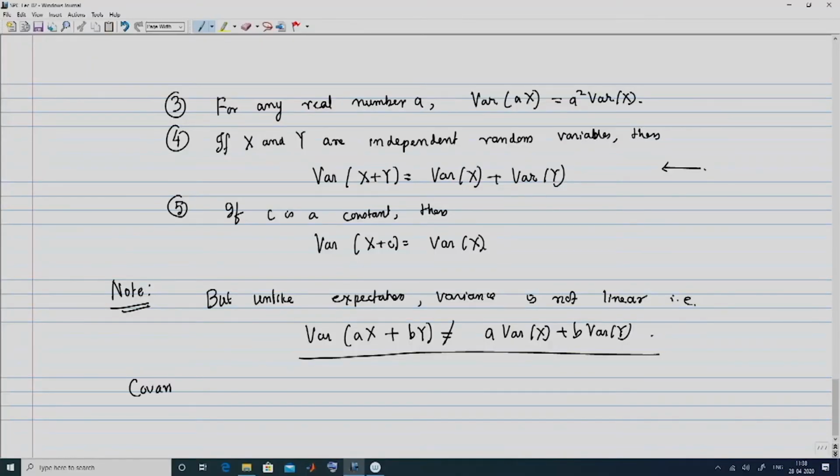We will talk about covariance and one closely related concept to covariance, namely correlation. First, let us start off with the definition.